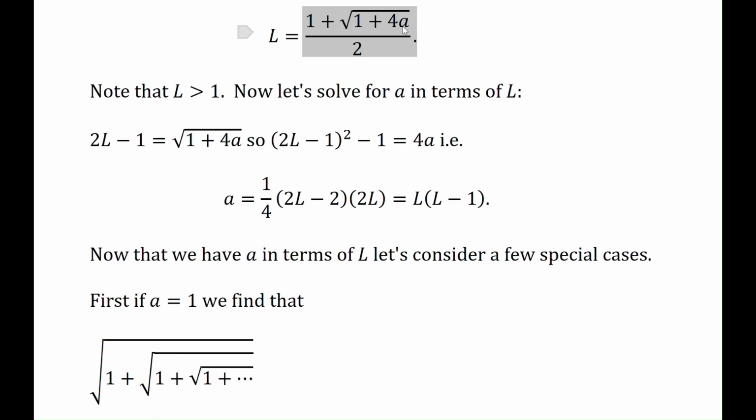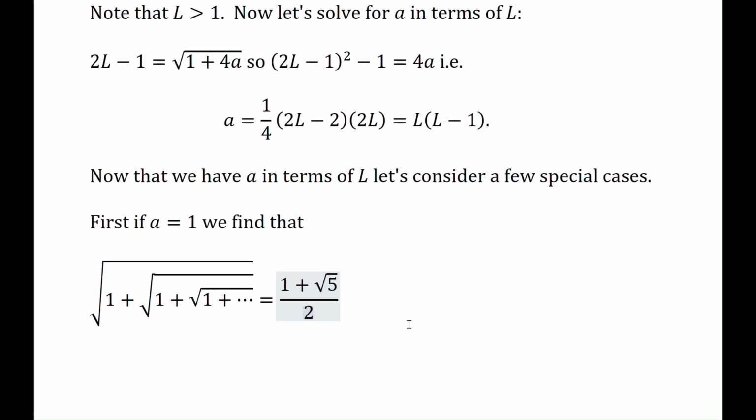if I just replace a with 1, you can see what we get here. We get 1 plus the square root of 5 over 2. That should be familiar. This is the golden ratio. You may have heard of it.